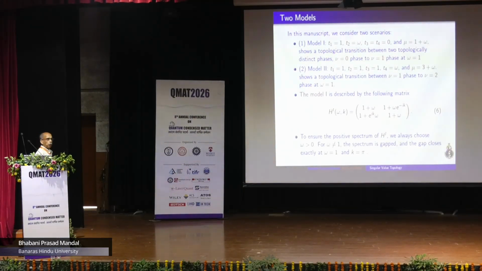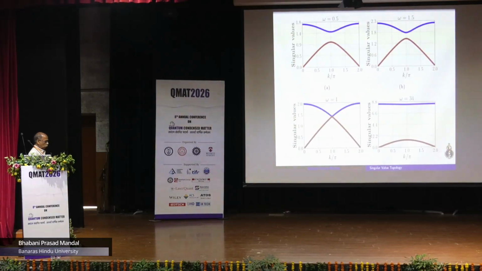Similarly, model 2 has a topological transition between nu equal to 1 and nu equal to 2 at omega equal to 1. These are all Hermitian models. The block Hamiltonian of model 1 can be written in this matrix form, and we find that the singular value gap closes at omega equal to 1. For omega less than 1 there is a gap, and for omega greater than 1 there is also a gap.